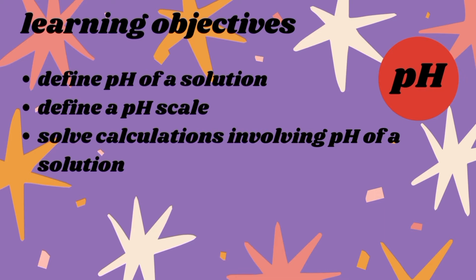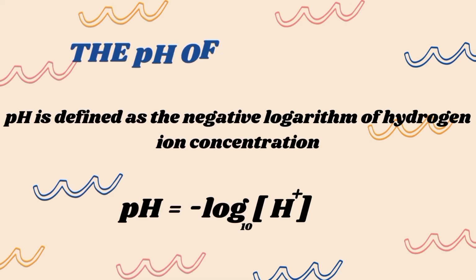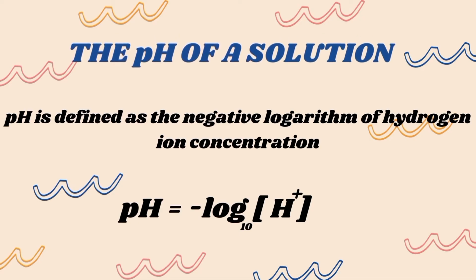So let's start with the definition of the pH of a solution. pH is defined as the negative logarithm of hydrogen ion concentration to the base 10.